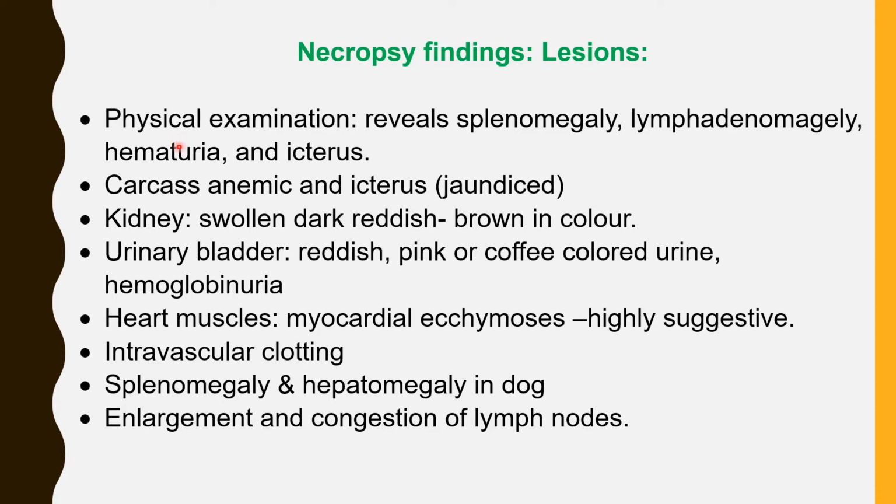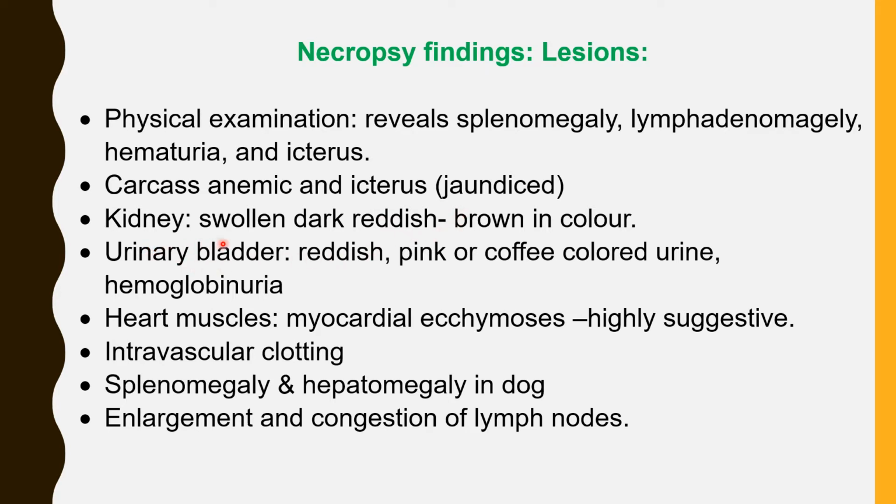On postmortem and physical examination, there is enlargement of the spleen, splenomegaly, enlargement of lymph nodes, lymphadenomegaly, hematuria, presence of red urine in the bladder, and the whole carcass is yellowish in color, suggesting icterus. The carcass is anemic and icteric, jaundiced.